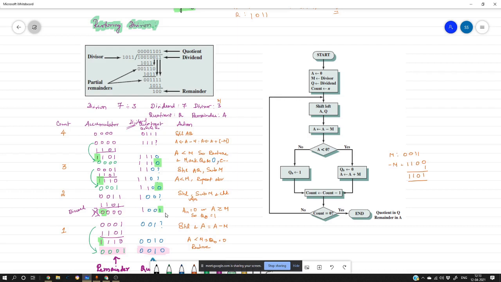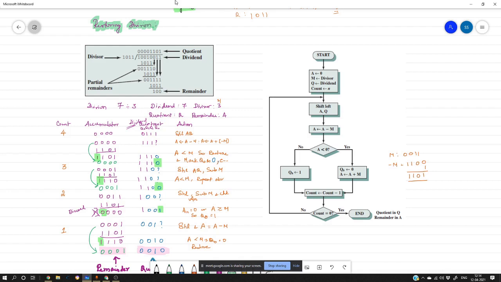That case is called overflow, which cannot be handled, so you have to adjust the size of the quotient register and the accumulator register accordingly. Let us not bother about the overflow because that is not focused on in our book. We just try to understand how the division algorithm works.